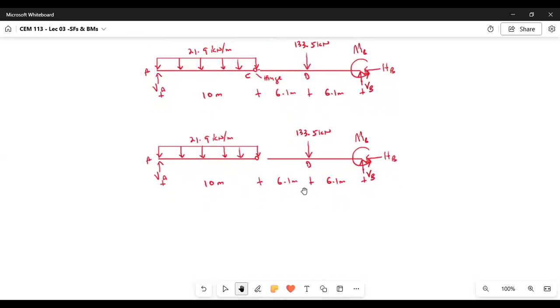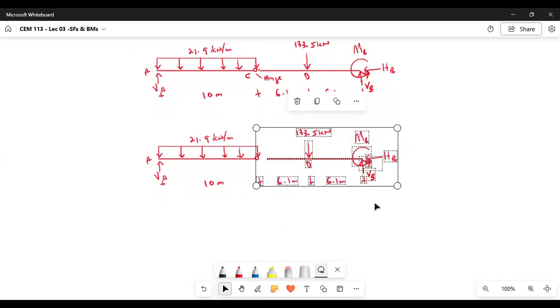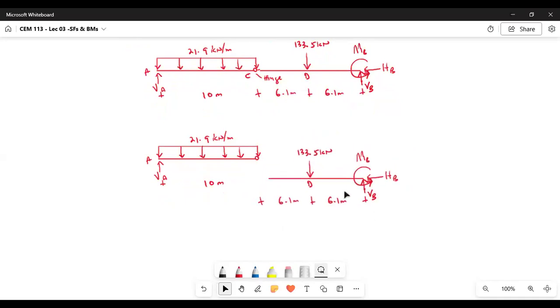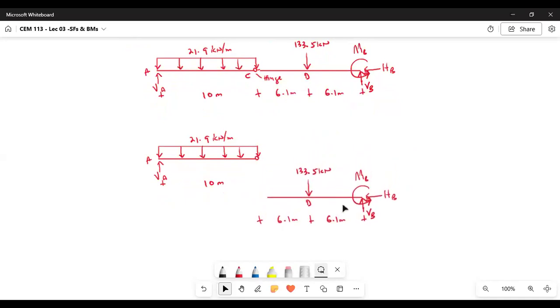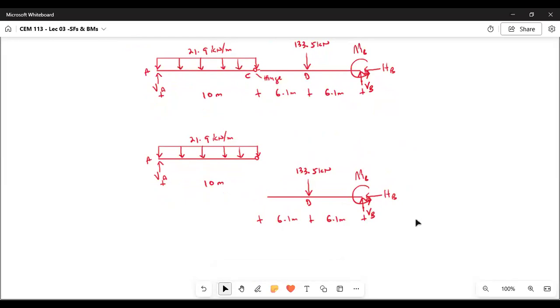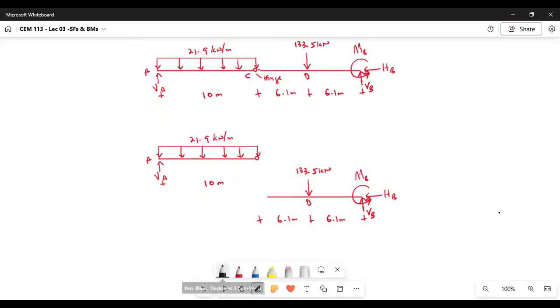So I'm going to drop this side. Let me drop it like this. Good. So now that I've successfully dropped it like this.